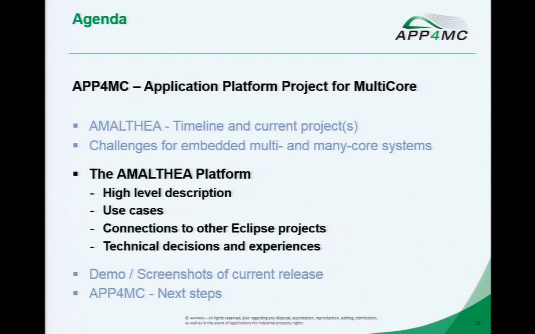I will show you some use cases where we at Bosch and also our customers already used this platform, and also describe the connection to the Eclipse environment. What are we using? What connections to other projects are there?